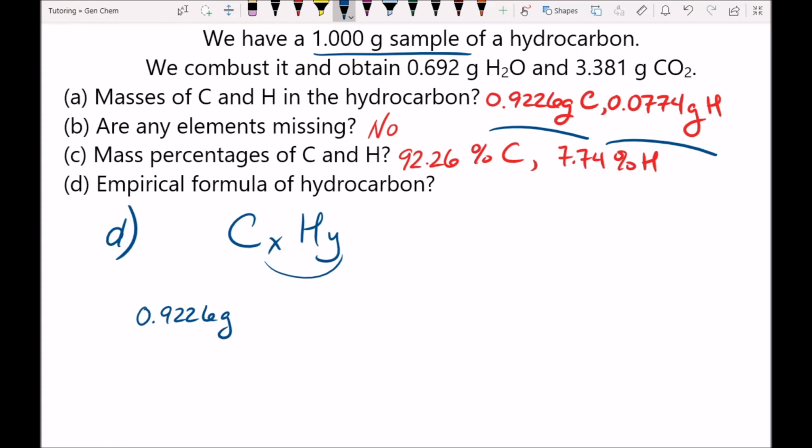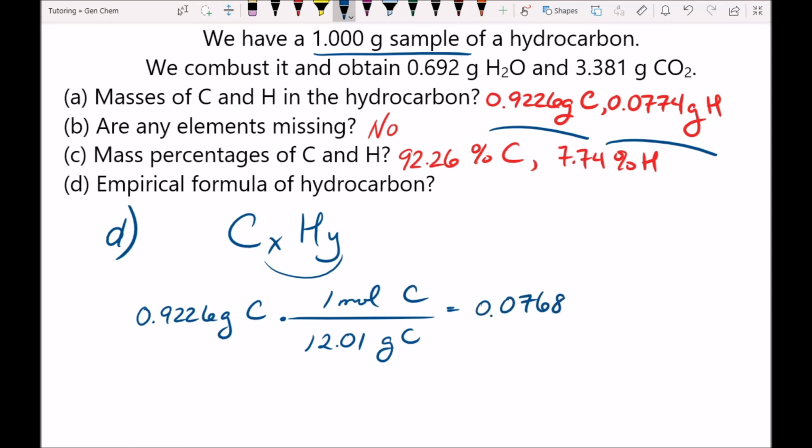So we have 0.9226 grams of carbon. We want to use the molar mass, 12.01 grams of carbon, to convert that to moles of carbon. And that's equal to 0.0768 moles of carbon.